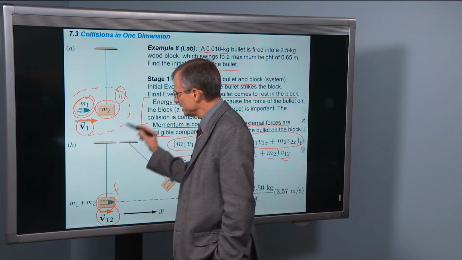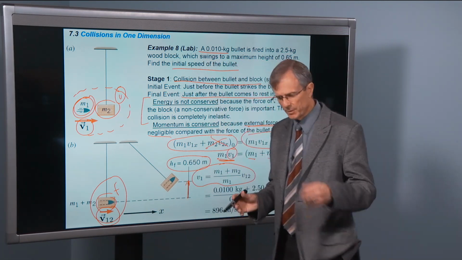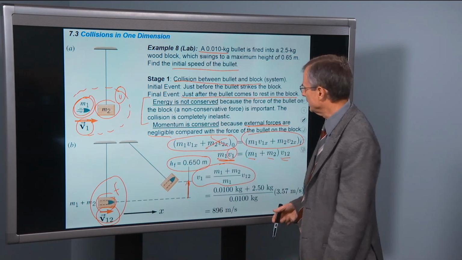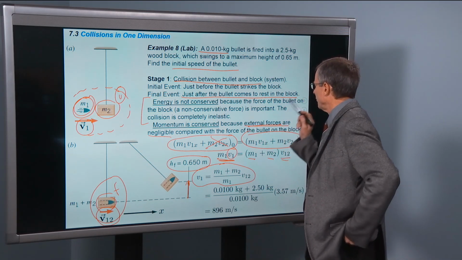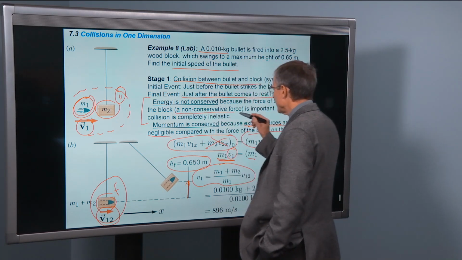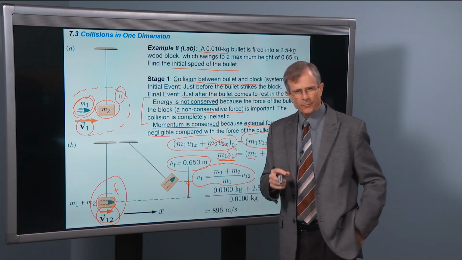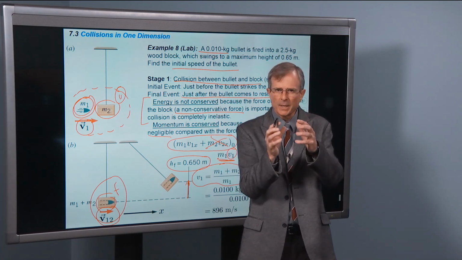Between this instant in time and this instant in time, which happens a fraction of a second later after the bullet is completely embedded, why is energy not conserved? Because the force of the bullet on the block is a non-conservative force. So that force of the bullet on the block is an internal force if your system includes the bullet and the block.